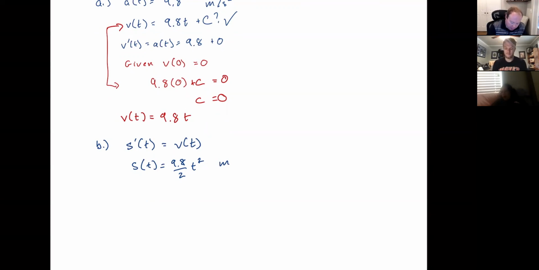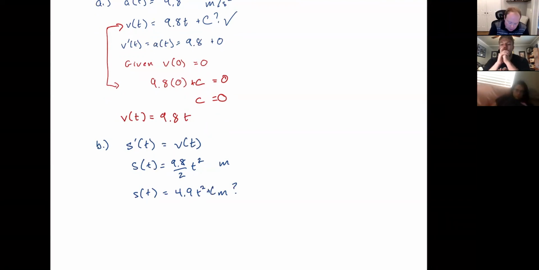And simplifying this, S of t would be equal to 4.9 t squared meters. And this is technically still just a guess. We haven't verified it. It's technically plus a constant, so plus a constant meters.